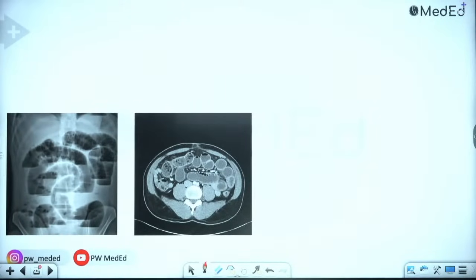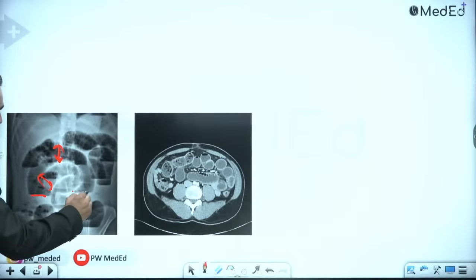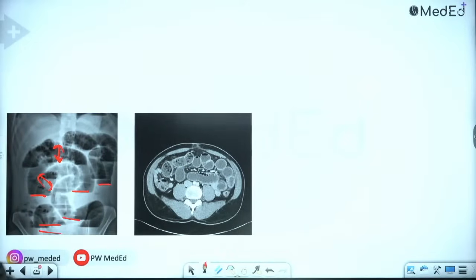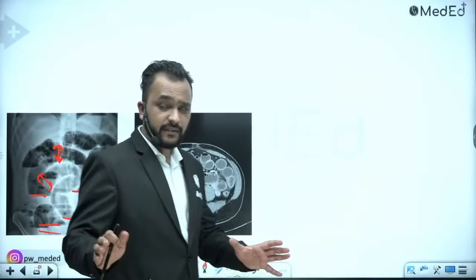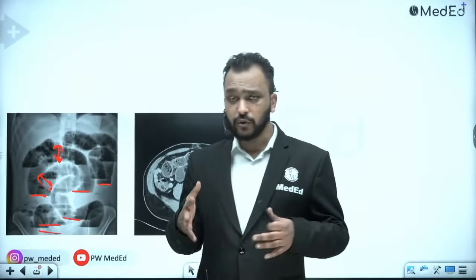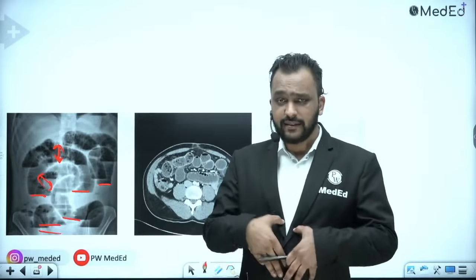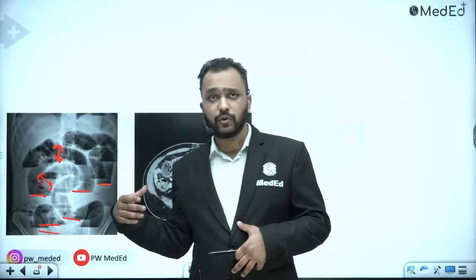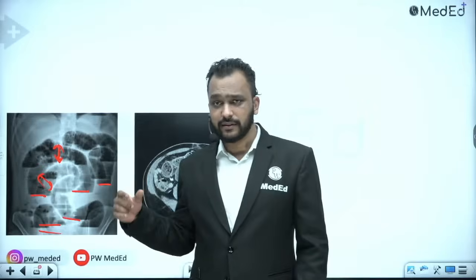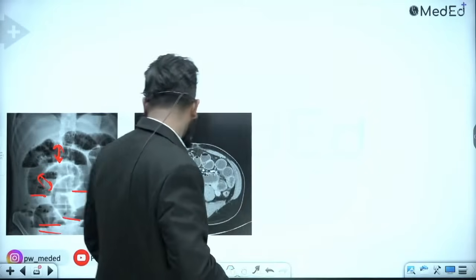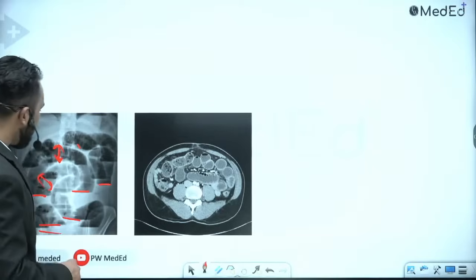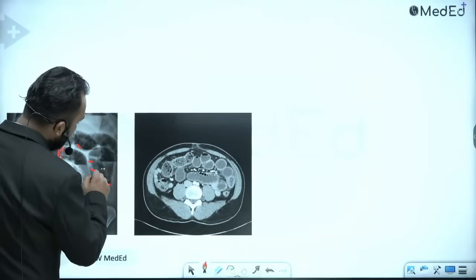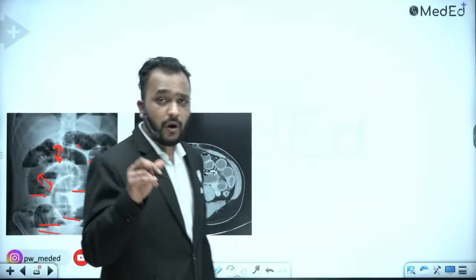Now here in this image we can see that the loops are dilated, and there are multiple air fluid levels. So when you are seeing dilated small bowel loops in the central part of the abdomen, and these loops are also having valvulae conniventes, folds of mucosa can be seen, you will suspect a case of small bowel obstruction.